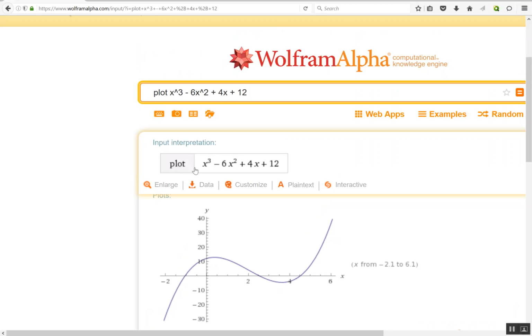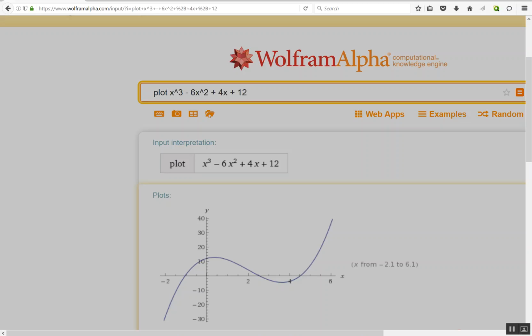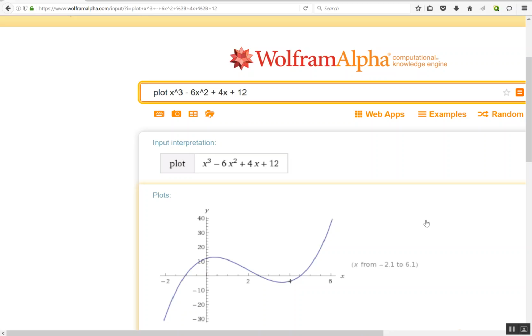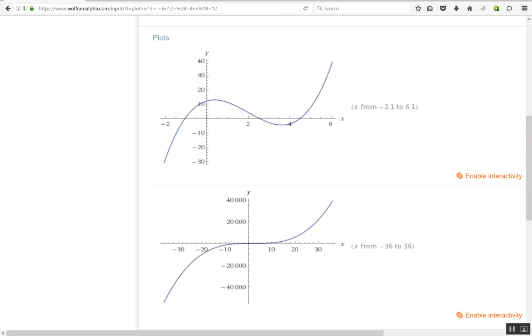In this graph, where our domain was from negative 2 to 6 and our range was from negative 30 to 40, it looks definitely one-to-one. But if you put in a vertical line, this actually intersects at 3 points, so this is not one-to-one. But if you change your scale, it looks like it's one-to-one.